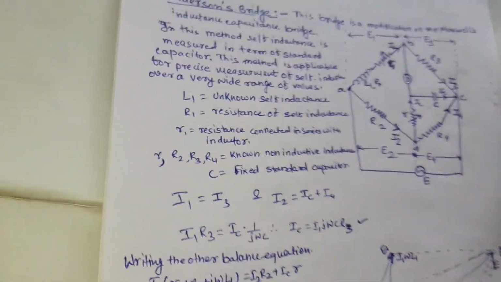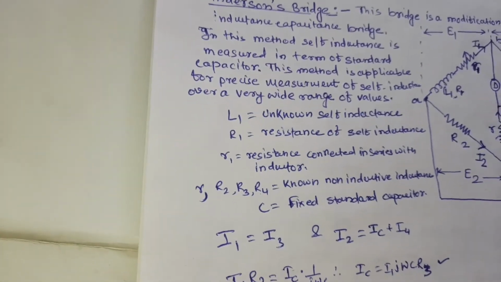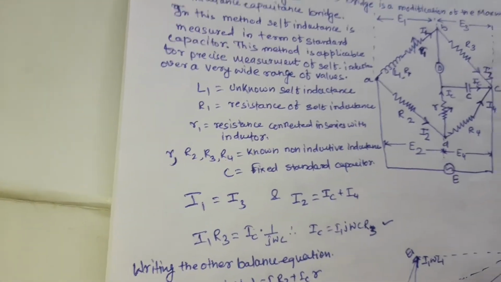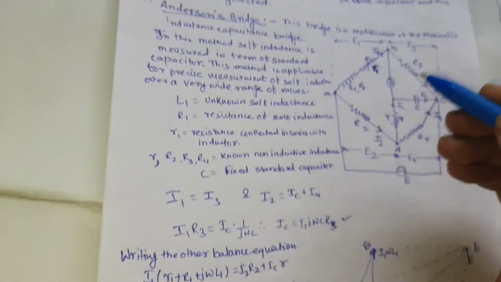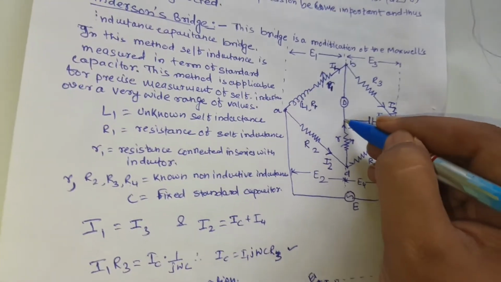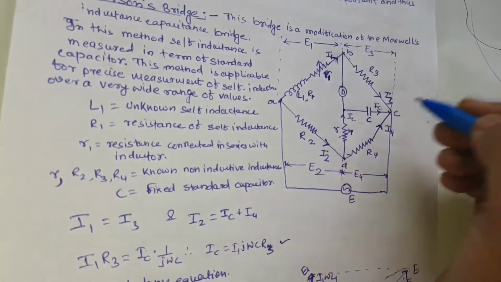How do we solve this equation? Those are the standard values that you have to use in the circuit. So at the balance condition, when there is no current through the galvanometer, that means I1 current is equal to I3 current.